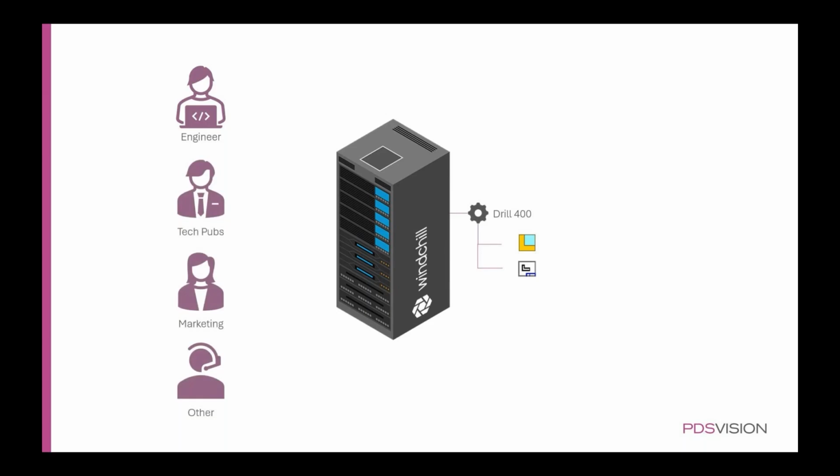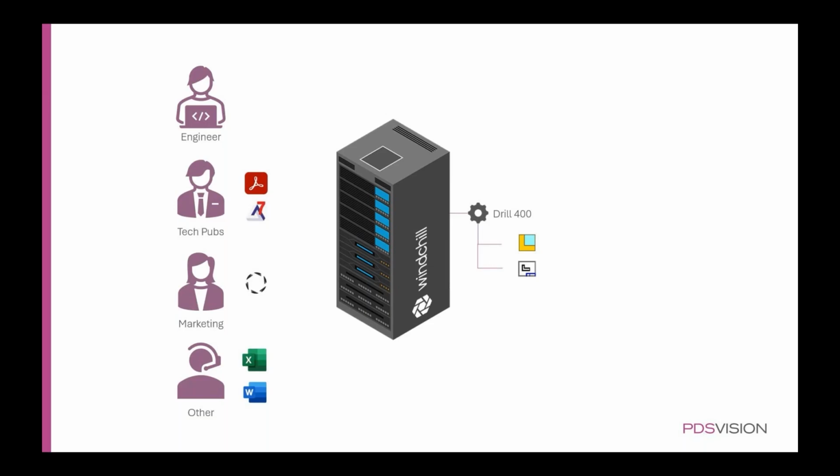We also have other people within the business. So the 3D CAD and the 2D CAD aren't the only things that go into describing a part or a product. There are other bits of information within businesses that go to describing these products. Things like technical publications, maybe manufacturing documentation, there's marketing material, and then there's other documentation.